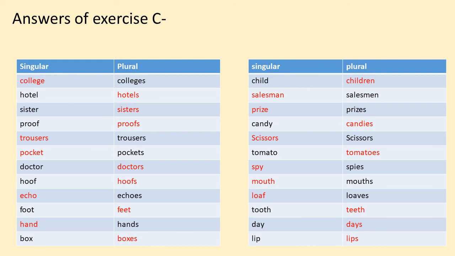Okay, then comes tomatoes. Spy. Mouth. Loaf. Teeth. Days and lips. So this was all about the answers of exercise C.